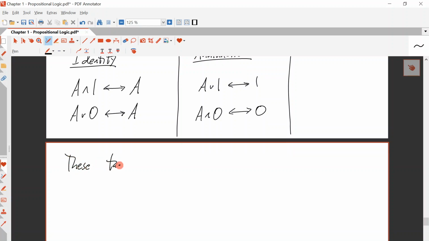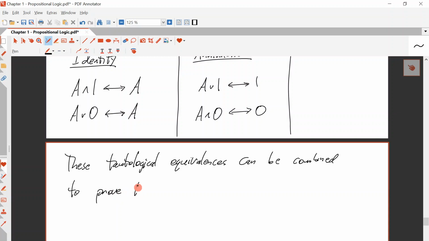These tautological equivalences can be combined to prove that other statements are in fact tautologies.